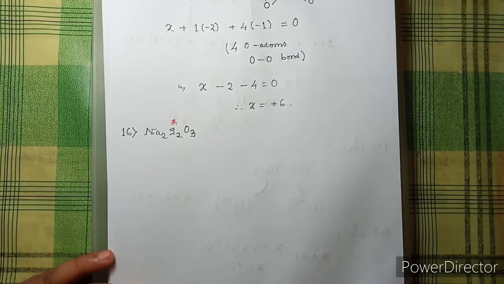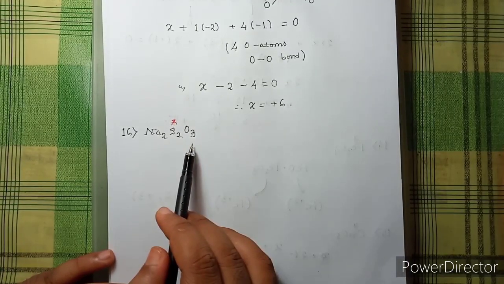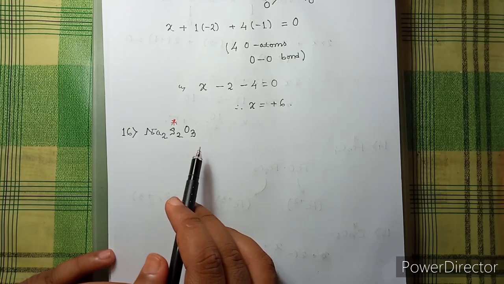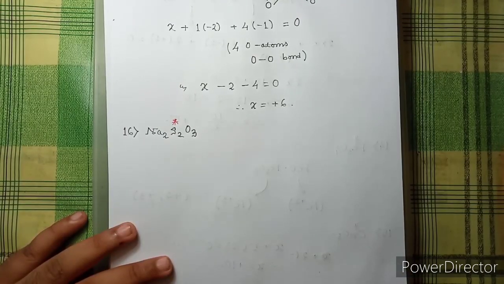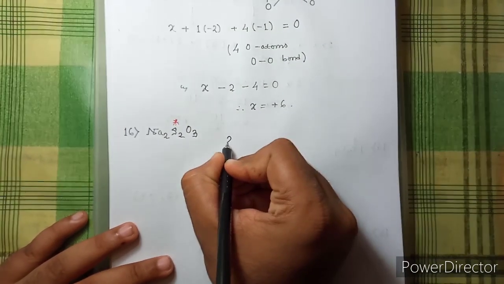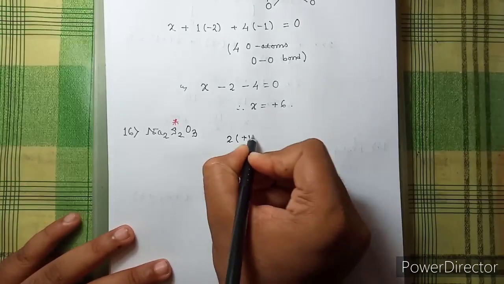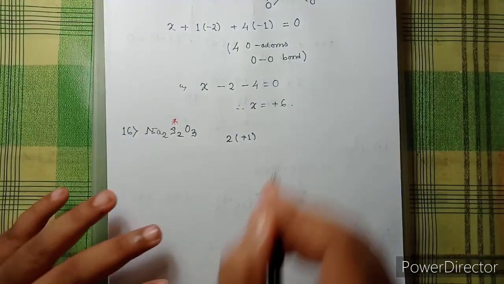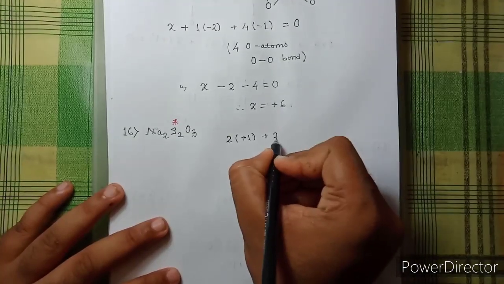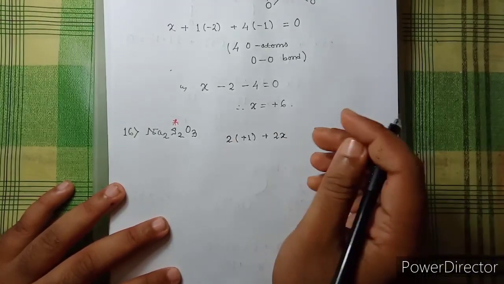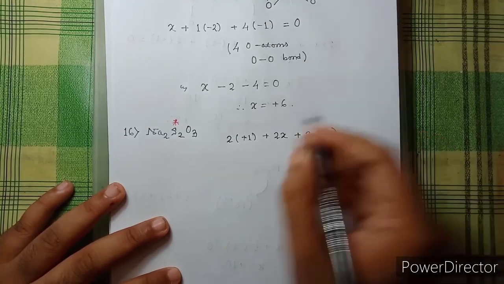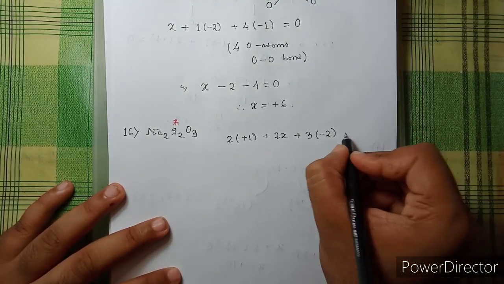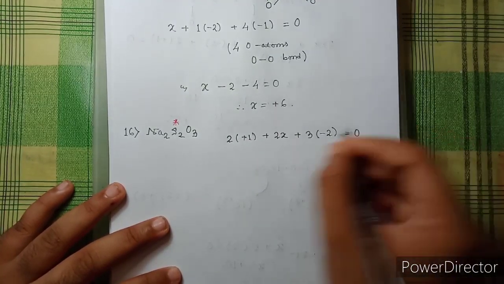Our next example is the sodium thiosulfate molecule, and here we have to calculate the oxidation number of the sulfur atom. Let the oxidation number of sulfur be x. So we can write 2 into plus 1 for these 2 sodium atoms plus 2 into x for these 2 sulfur atoms plus 3 into minus 2 for these 3 oxygen atoms, and the overall oxidation number is 0.